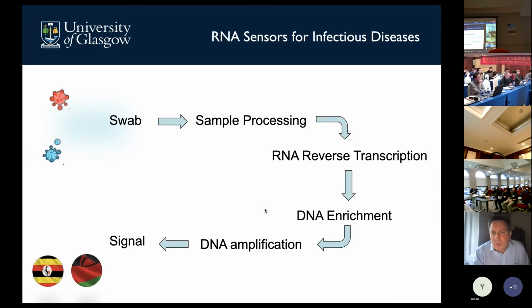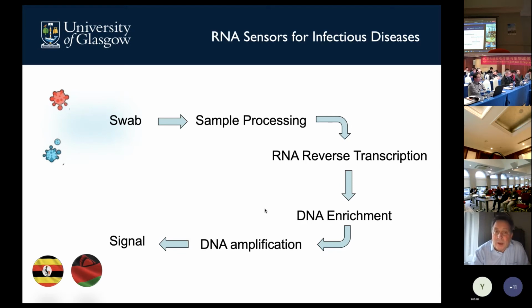Now I'm going to move reasonably quickly. We have done a lot of work detecting malaria, and the signature that we're trying to detect from malaria, where the genetic information is encoded within the parasite, is DNA.